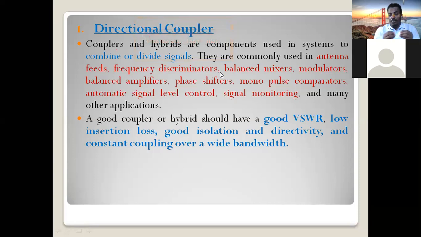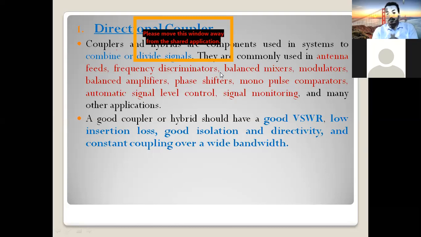Components. These components are used either to combine signals together or to split or divide signals into different components. Generally, we classify them as couplers and hybrids. So we'll start from couplers first, and we'll go to hybrids.